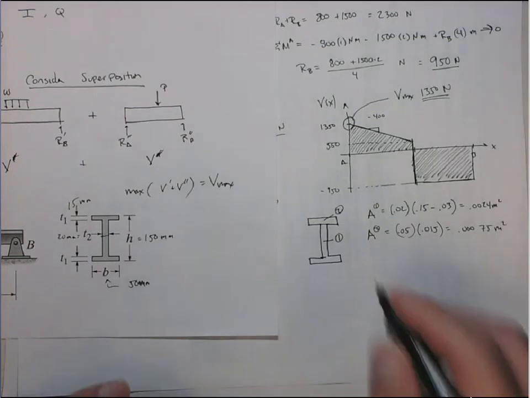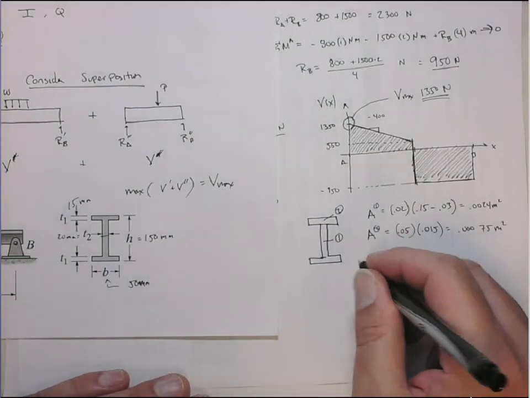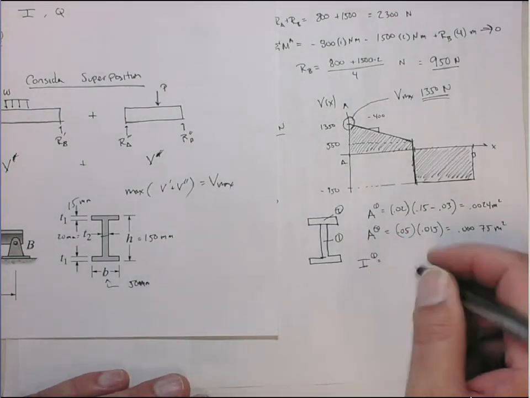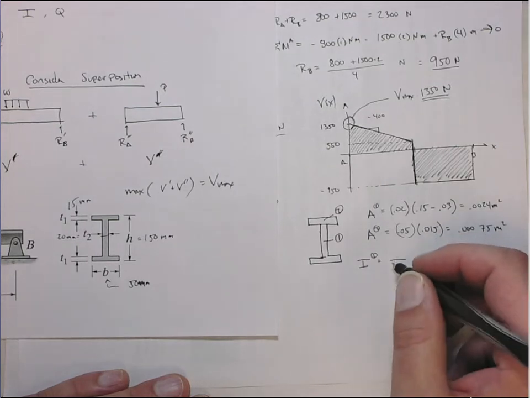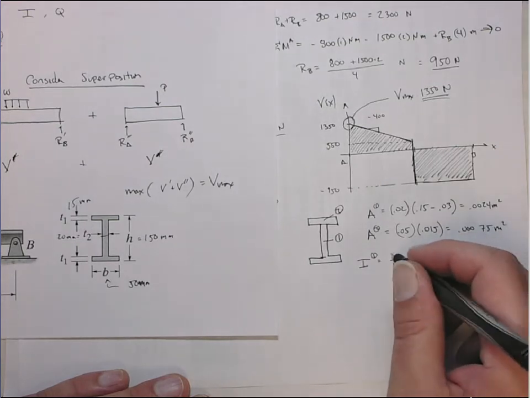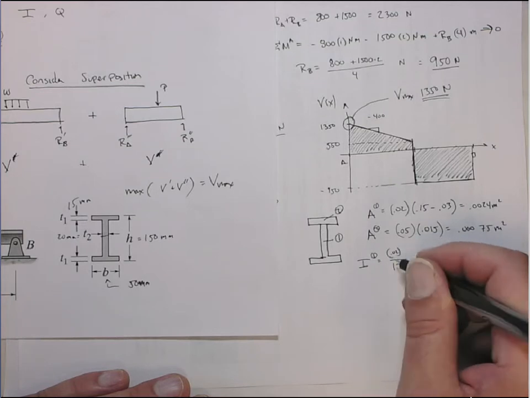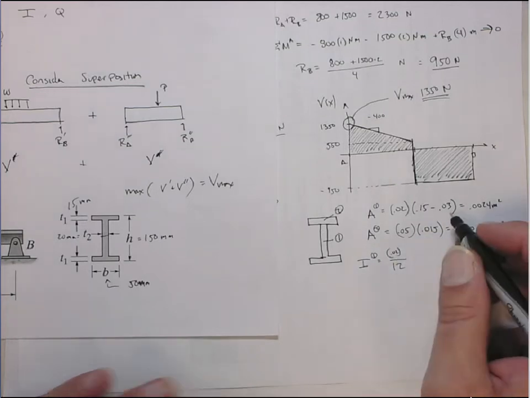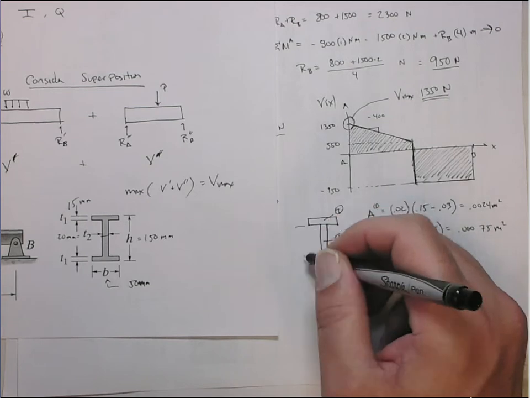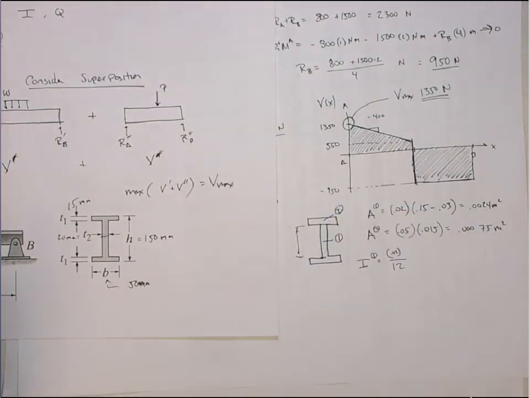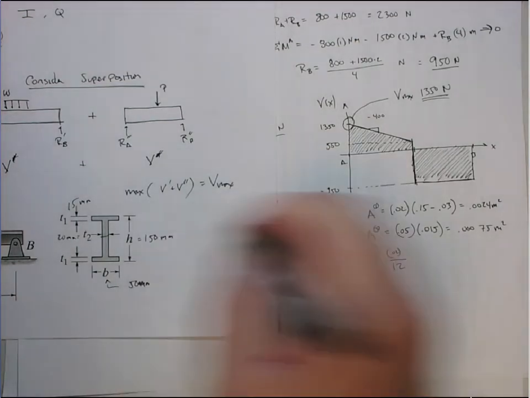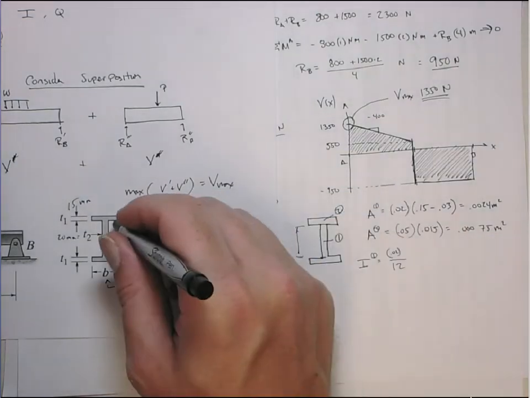The I of the web, I of section 1, is going to be 1/12 the base, which is 0.02, times the height, which is going to be this value. That value is the 150 minus 0.03. So this is actually this distance here.